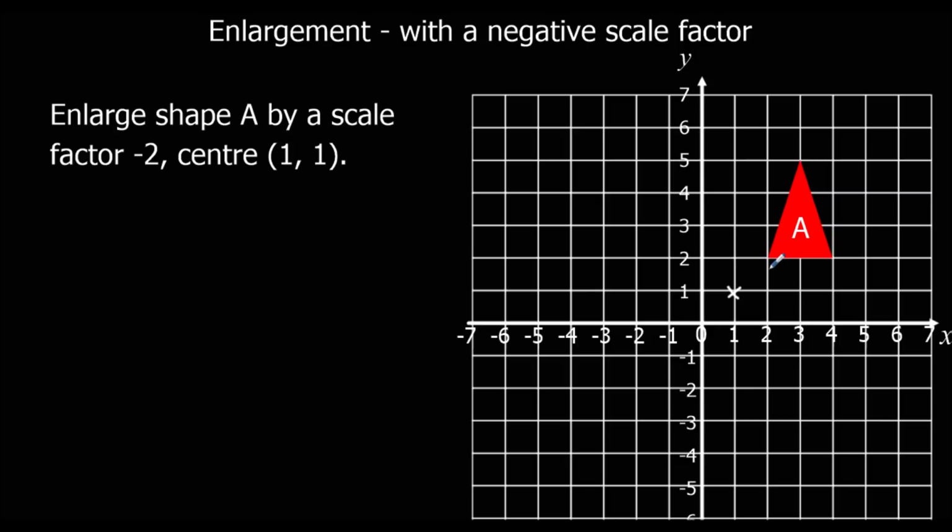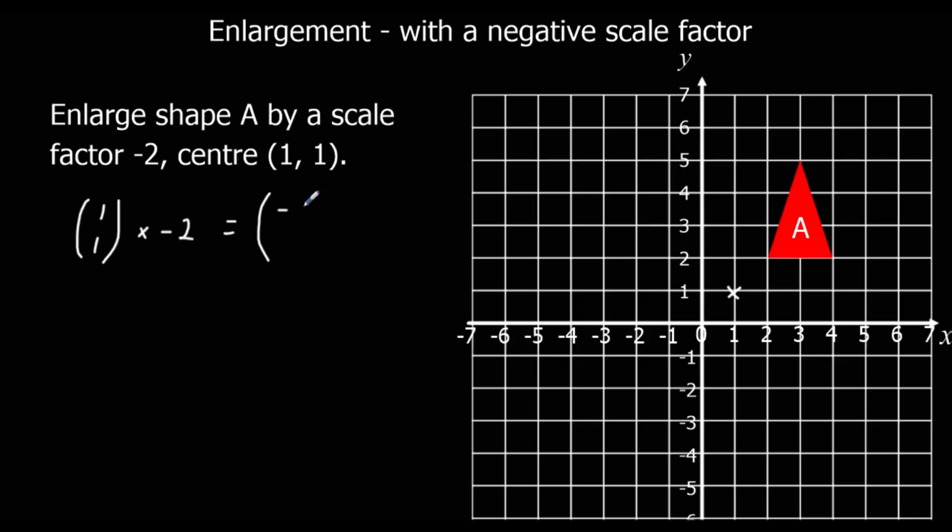So to get to the bottom left corner of shape A, we go along 1, up 1. If we write that like a column vector, along 1, up 1, I'm going to multiply it by the scale factor, so I'm going to times it by -2. So 1, 1 times -2. I'm going to multiply the top and the bottom by -2.